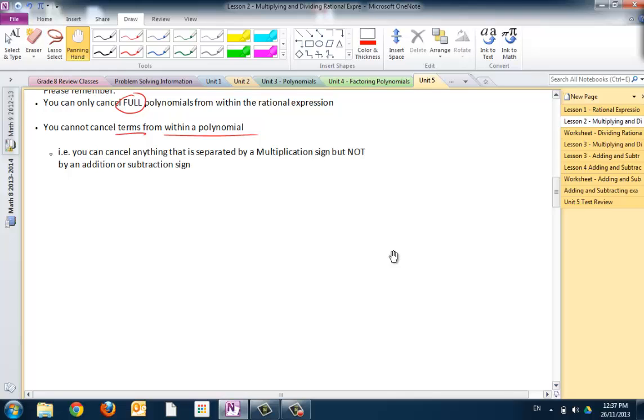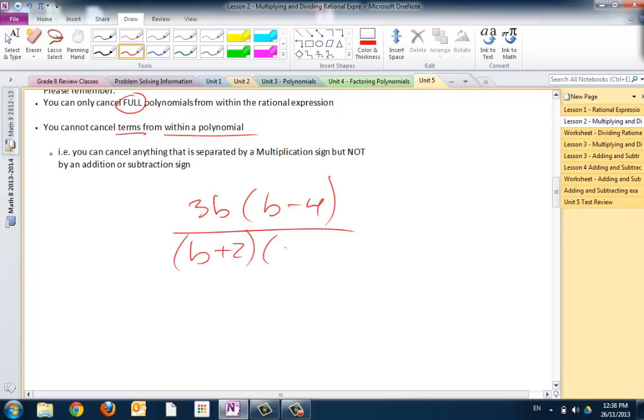If you had something like 3b over b minus 4, and b plus 2 over b minus 4, the only thing that we can cancel in this situation is the entire binomial b minus 4. In order to simplify this, please remember that we cannot start doing things like this and cancel out the b's.